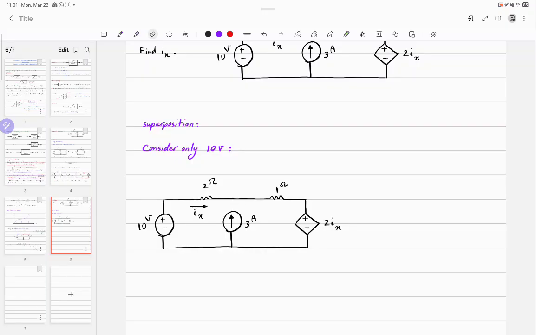The current source should be open, and the other voltage source should be replaced with a short circuit, right? Should I replace that voltage source with a piece of wire? It's not independent. Leave it alone. Don't touch it, okay?